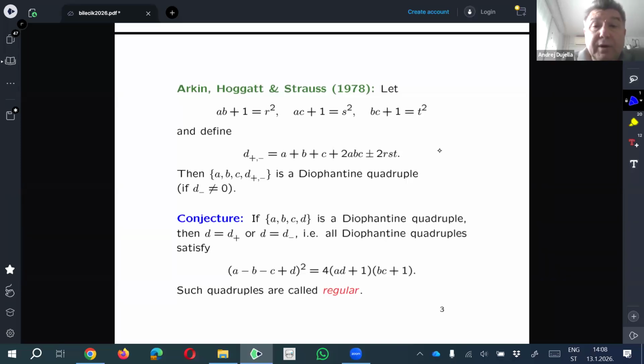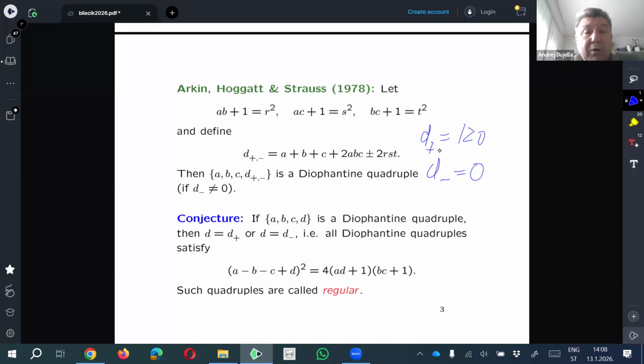So in the case of 1, 3, 8, d plus is 120 and d minus is 0. So in that particular case, the extension was unique. But in general, we may have at least these two extensions. And the conjecture, which is still open, is that there are no other possibilities.